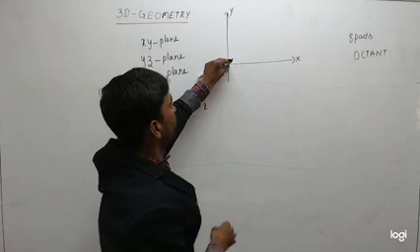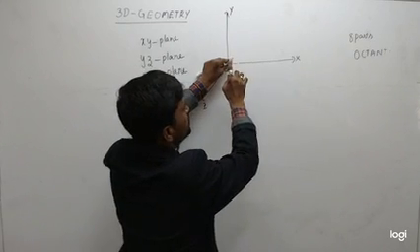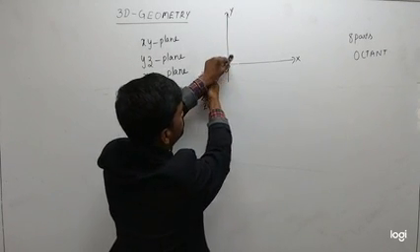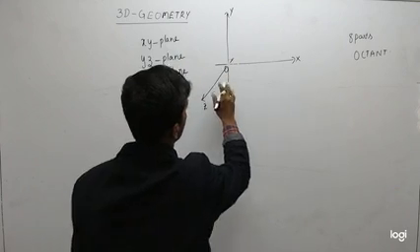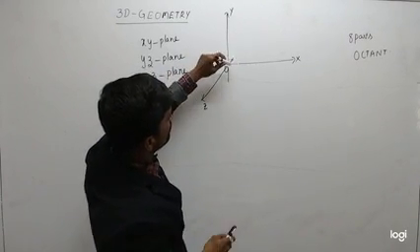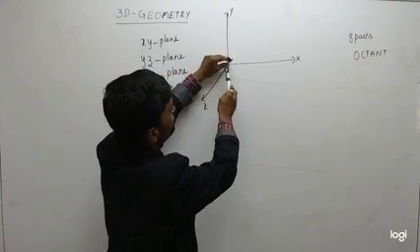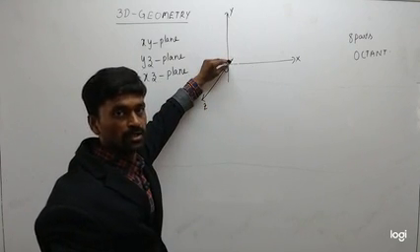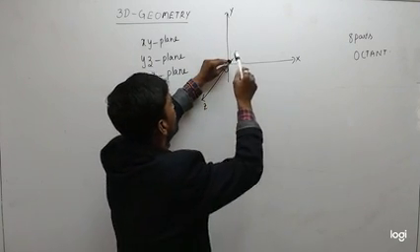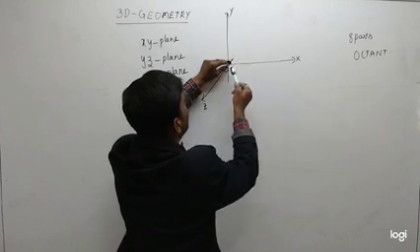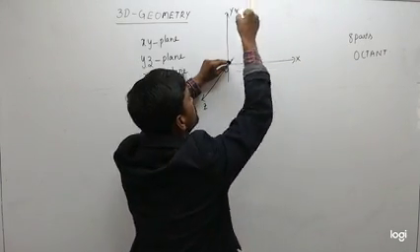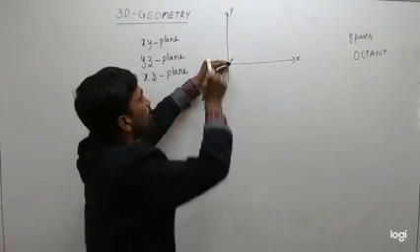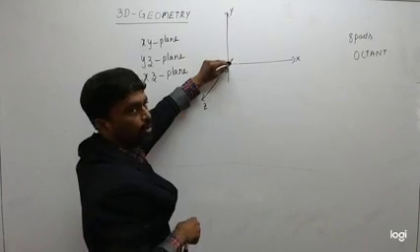The first octant is, this is Z, this is O, and the backside of the board is Z'. Then this OX, OY, OZ. This part is the first octant. Then this part, second octant.